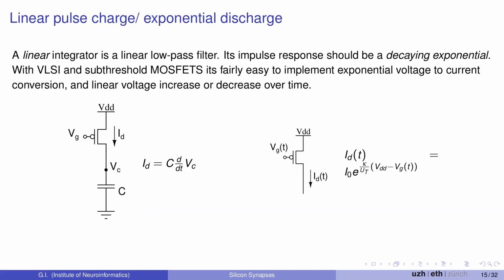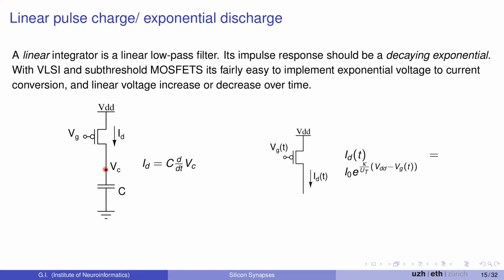So you can imagine if I connect a transistor, like a PFET, to a capacitor, and I let this capacitor discharge linearly, then the current here will discharge exponentially because of this exponential relationship. So is this clear? This is quite straightforward. It's really just purely taking advantage of the exponential relationship between voltage and current in subthreshold transistors.